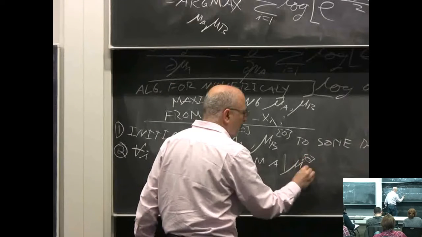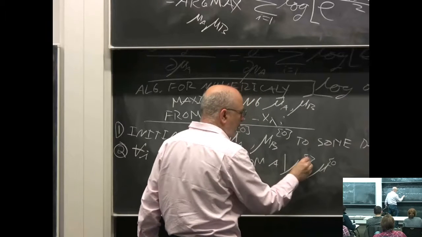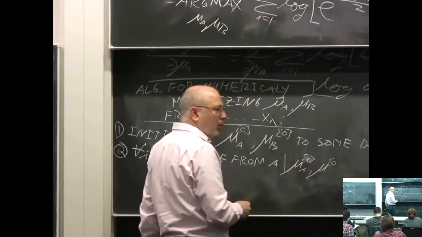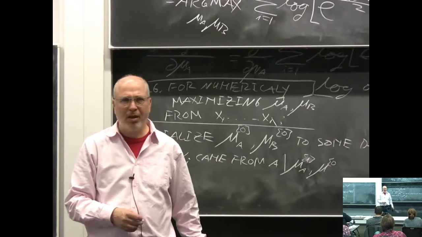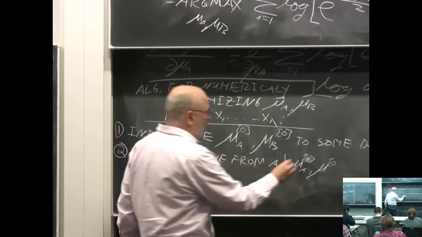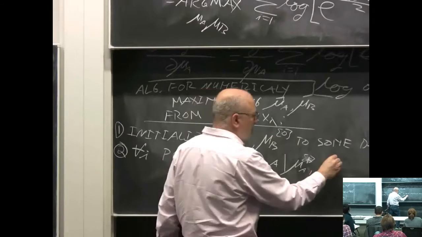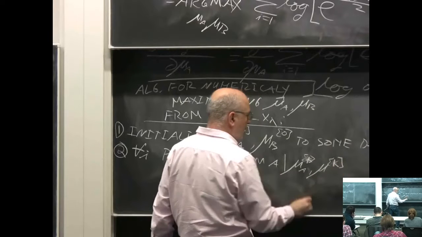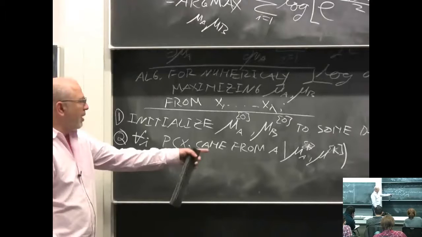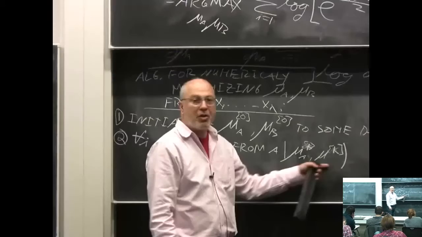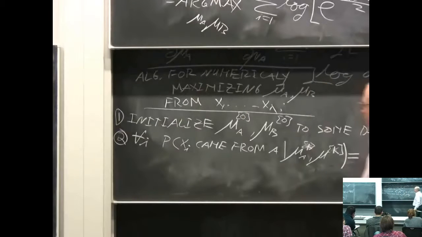Sorry, I won't make it 0 now, I'll make it K. So now, obviously, the first step is the initialization step. This is an iterative step, so this is K. So probability that xi came from A conditioned on the current values of the things that I had a tentative assumption for. Well, what will this be?